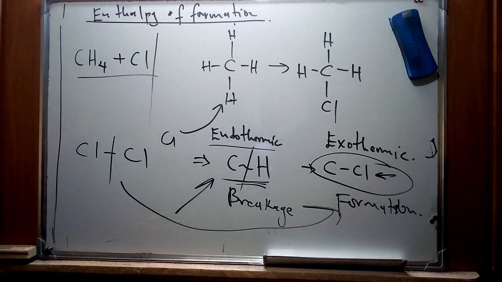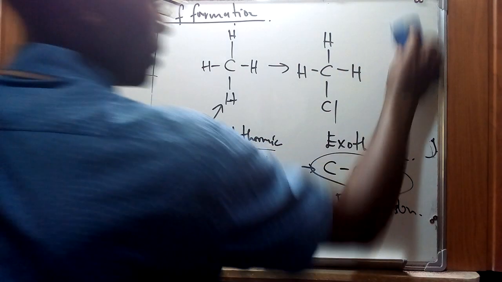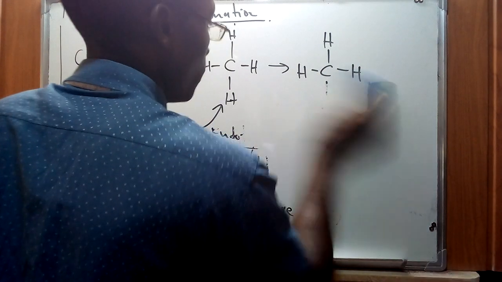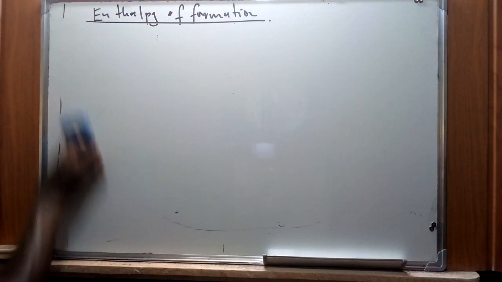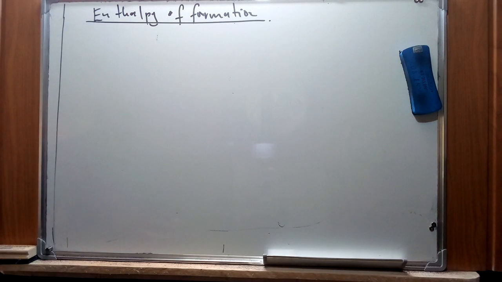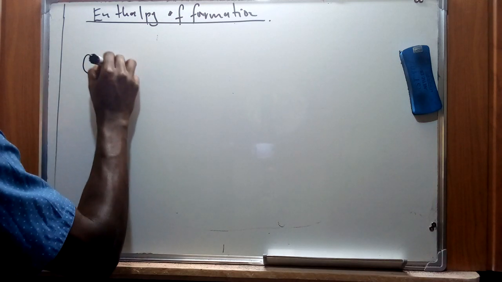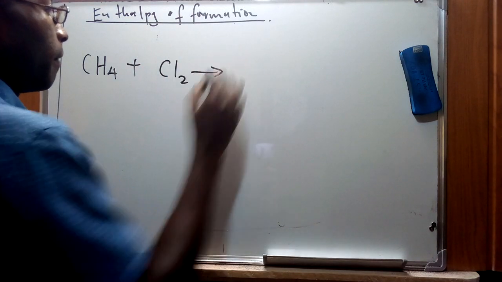Now, for the overall reaction of methane and chlorine, we can illustrate that using a general stoichiometric reaction, which I'm going to illustrate shortly. So I'll just clear this so that we can have that space. I'm going to write the equation for the reaction between methane and chlorine still, so that we can use it for our example.